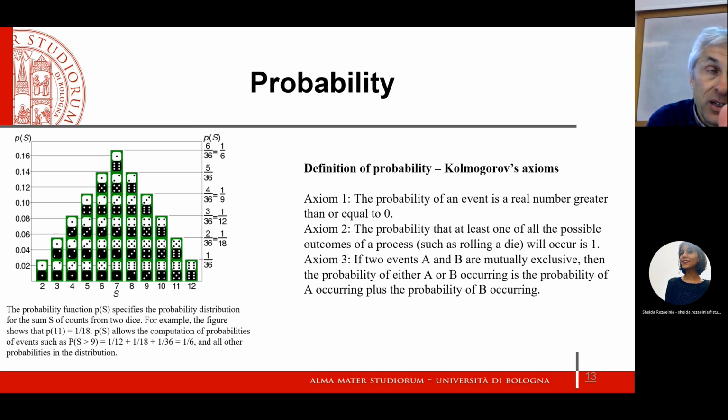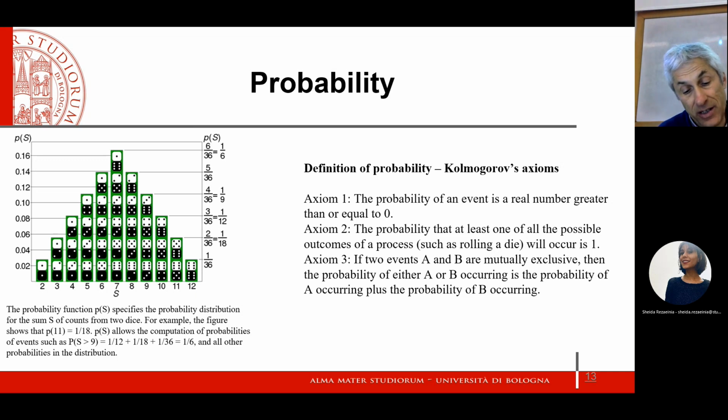And the third one is the most enlightening, in my opinion. If two events are mutually exclusive, then the probability of either one of the two occurring is the probability of the first one plus the probability of the second one, which is the additive property.